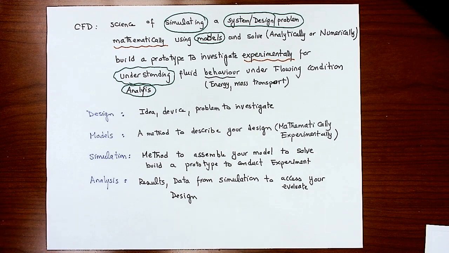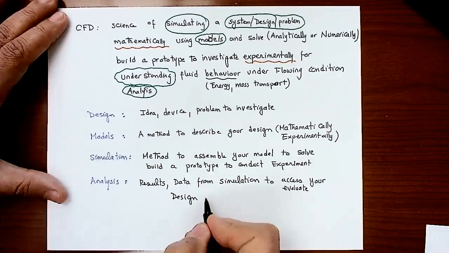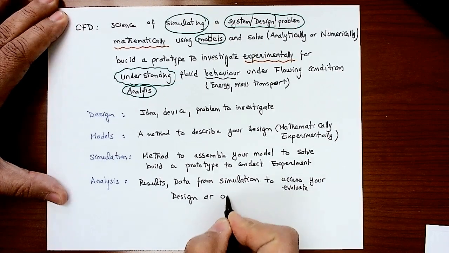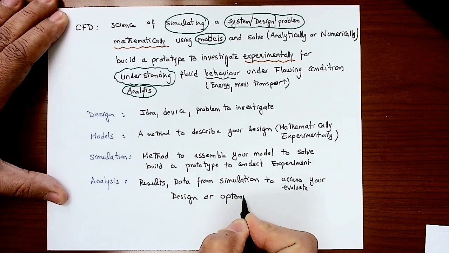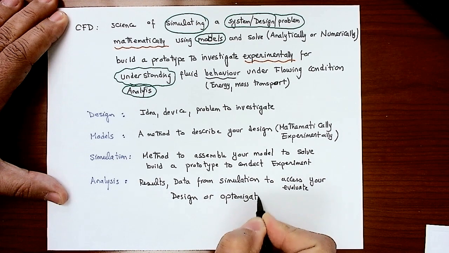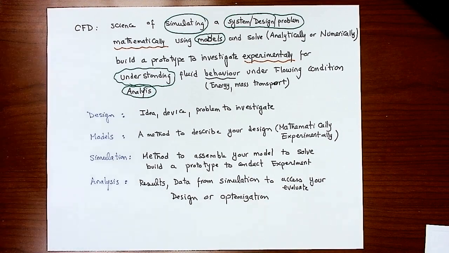Or to optimize your design and go back and change your models and change your simulation, performing more experiments if you are doing that experimentally. So I would add the word optimization in here.